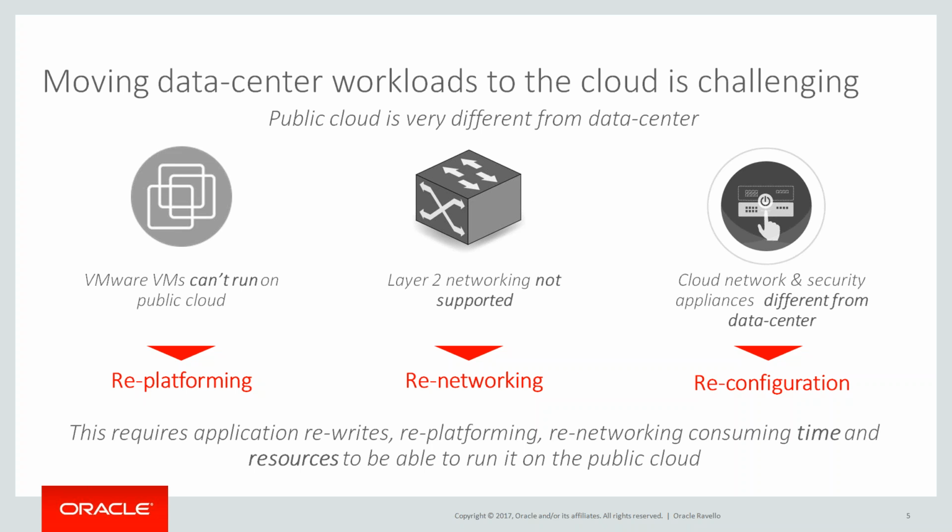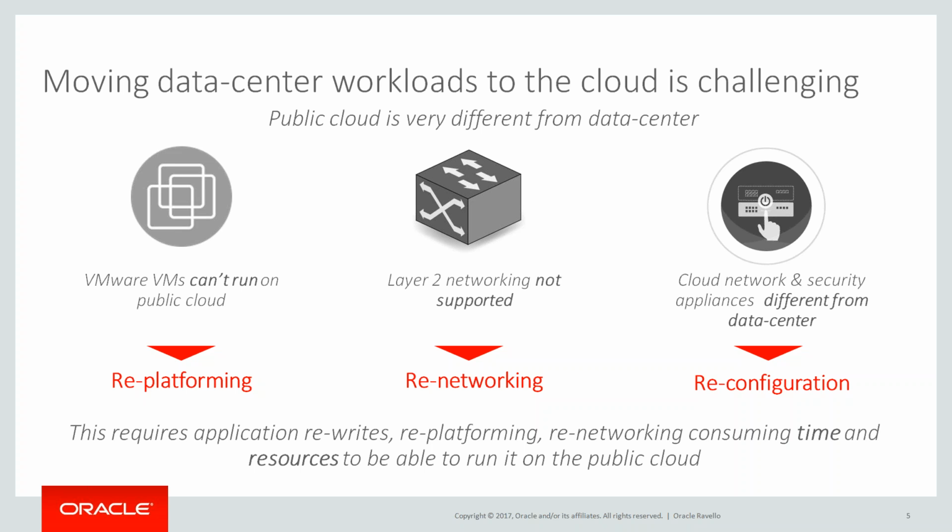And one thing I want to explain better, so you can appreciate the differences here, is that with Ravello, we actually encapsulate your VM and preserve whatever configuration you have in your data center, which goes down to the MAC address of these VMs. The IP addresses and host names that you have in your data center will be preserved in the public cloud.